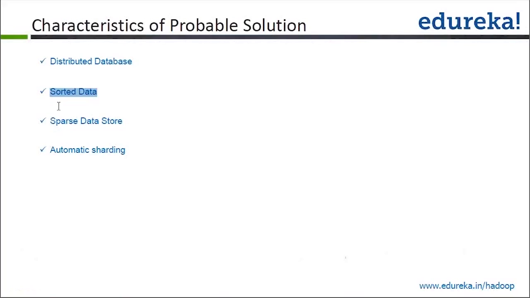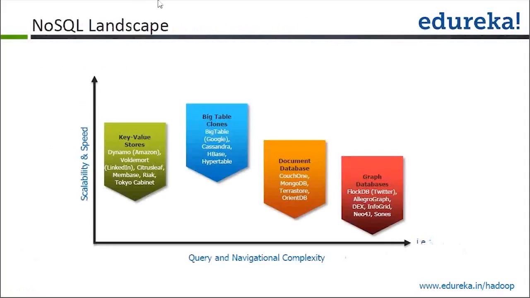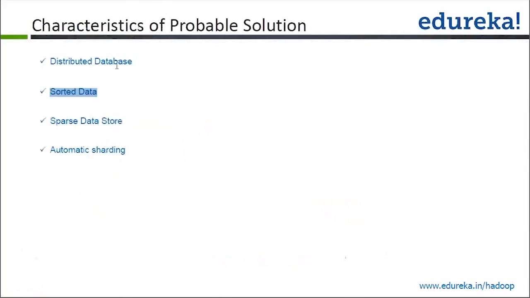So all these lead to a solution, and that gives the opportunity to come up with multiple implementations that meet these challenges: a distributed database, sorting the data, handling null values, and having automatic sharding for horizontal scalability by adding more machines.